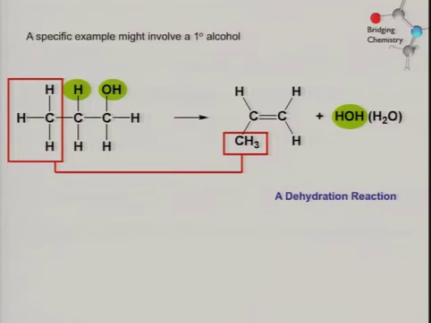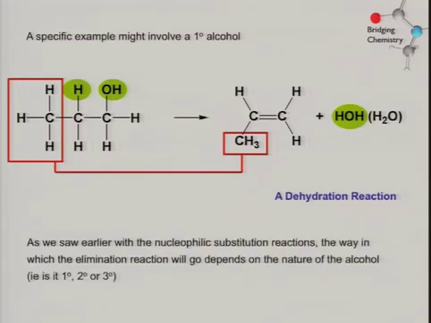This reaction produces water, or if you like, the molecule that you start with loses water in the course of the reaction, and so it's called a dehydration reaction sometimes, right? And as we saw before with the nucleophilic substitutions, the way in which elimination reactions go depend on whether you're starting with a primary or a secondary or a tertiary alcohol or alkyl halide.